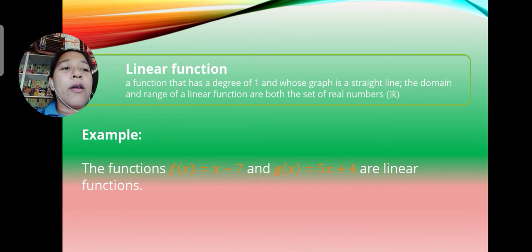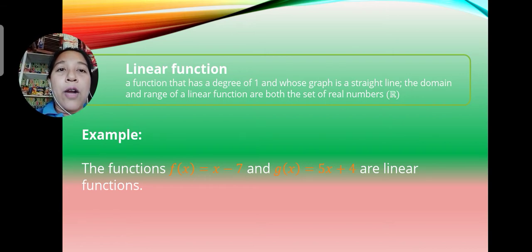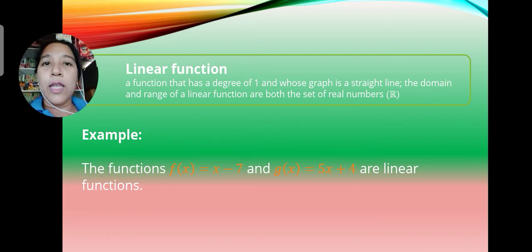Both are linear functions since, in our definition, a linear function is a function that has a degree of 1 and whose graph is a straight line. The degree of the function is 1. That is why it is an example of a linear function.